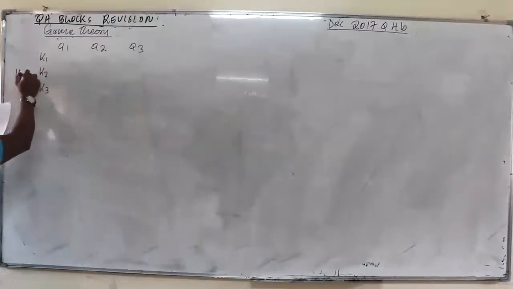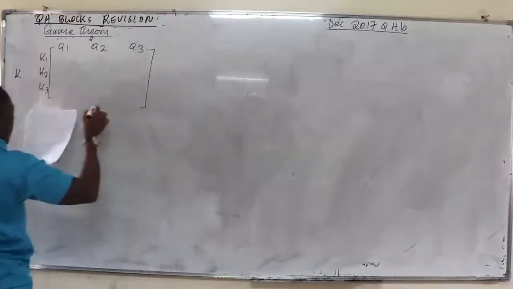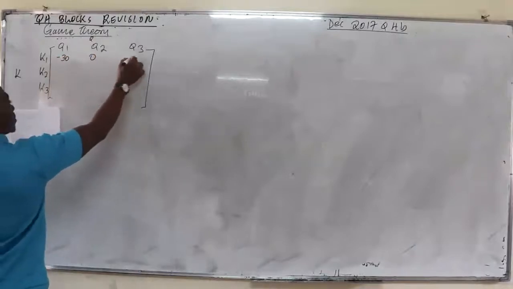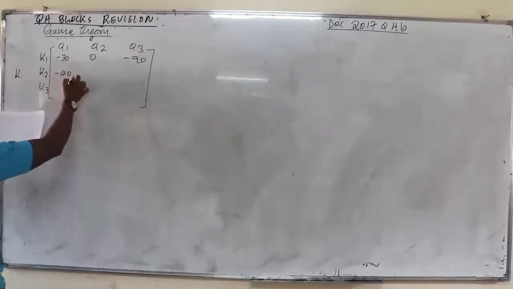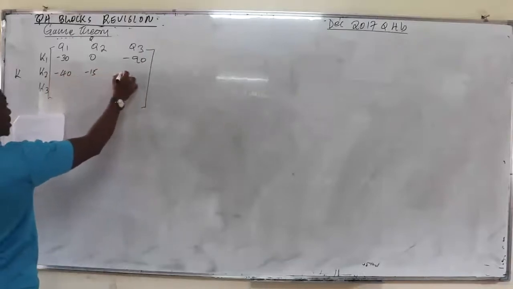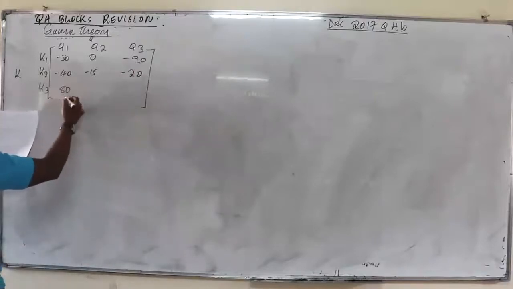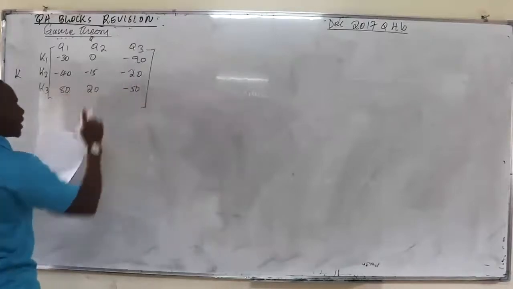This is Airline K, Airline Q. Then you have the payoff matrix: negative 30, 0, negative 90; negative 40, negative 15, negative 20; 80, 20, negative 50.